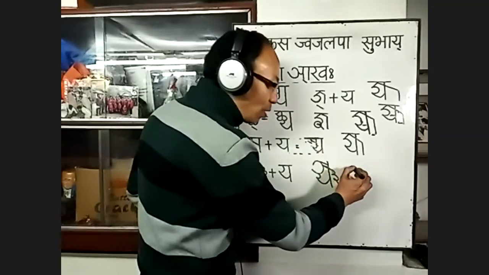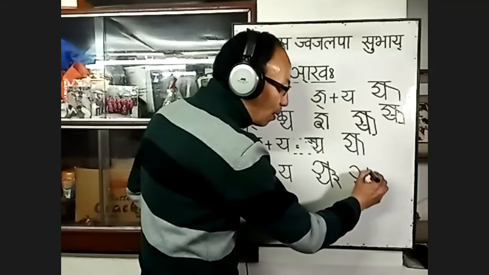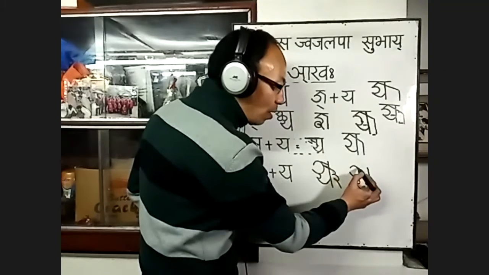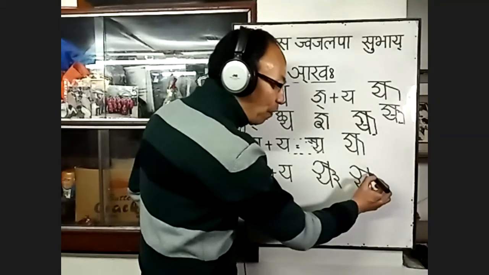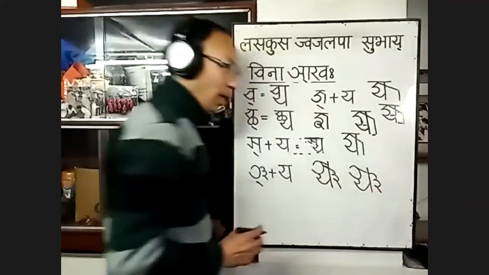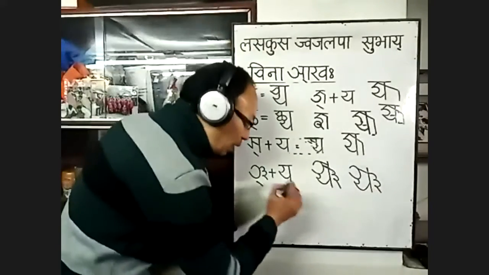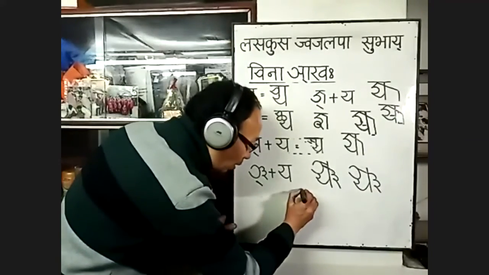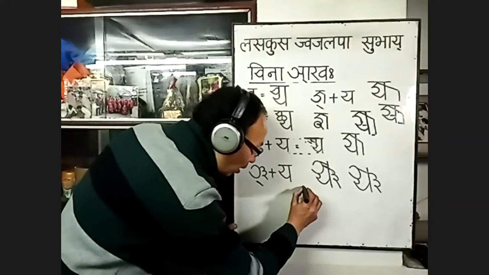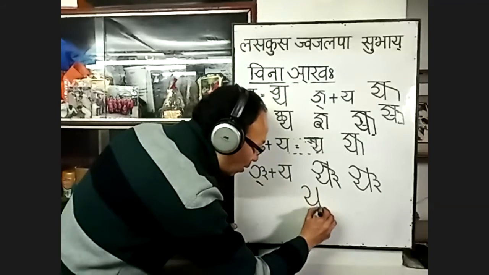Then draw a straight line here, and from here you give la. So this is how it is written. And Bijay Bhazu made a mistake: he did it like this.